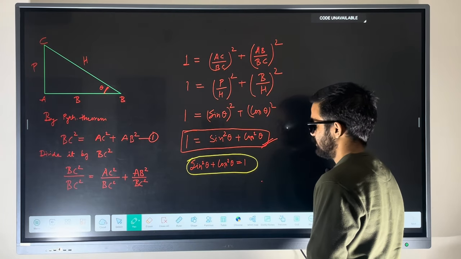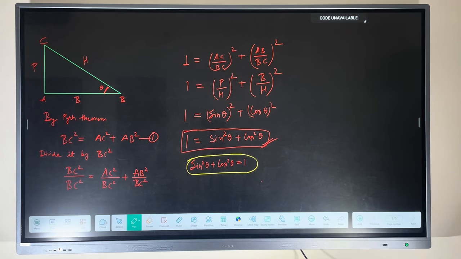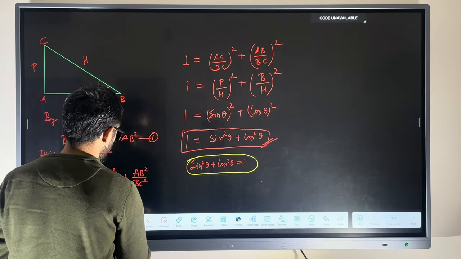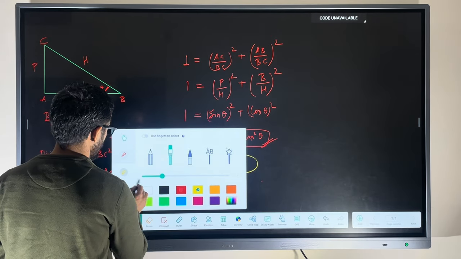So now we have derived one formula, and we get to know from where it came.